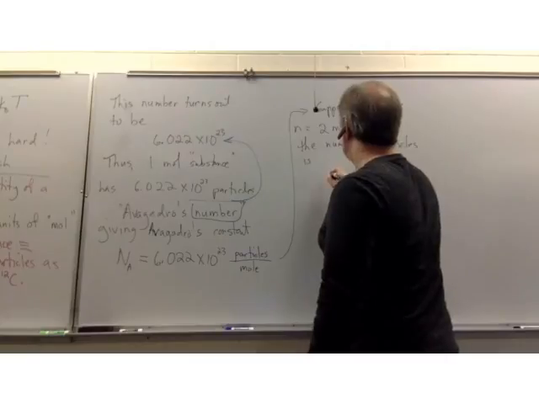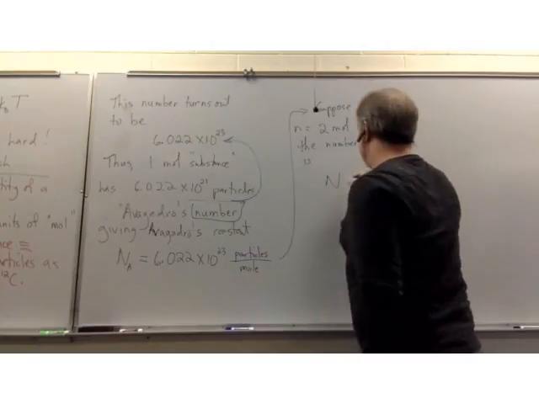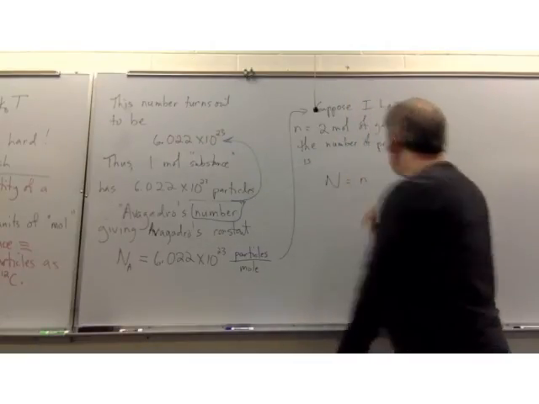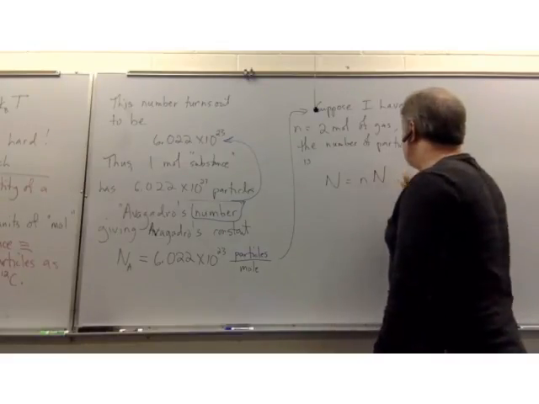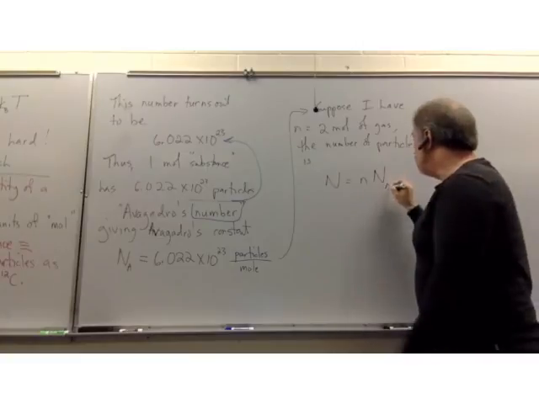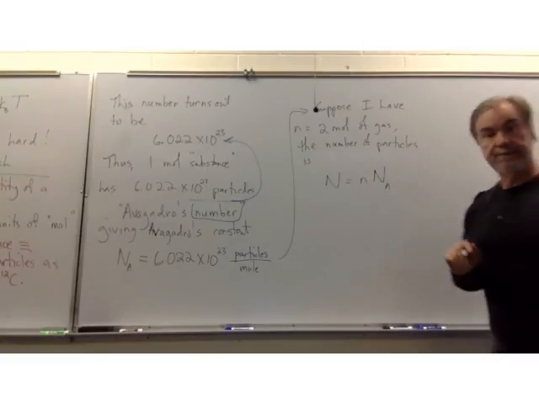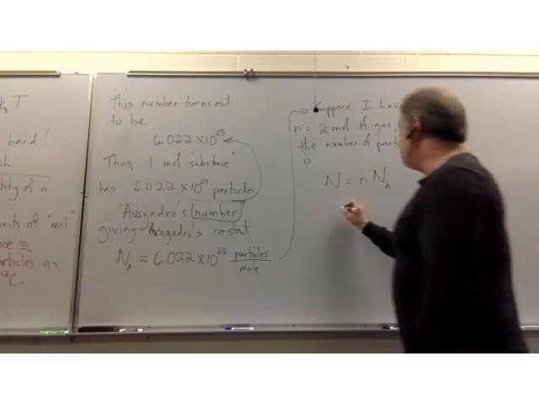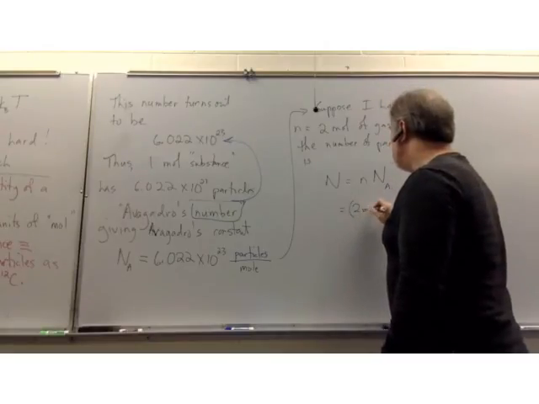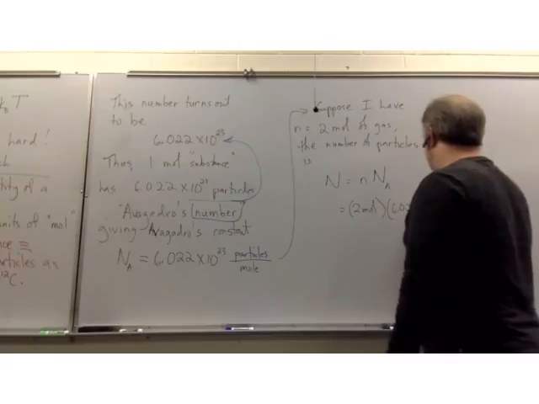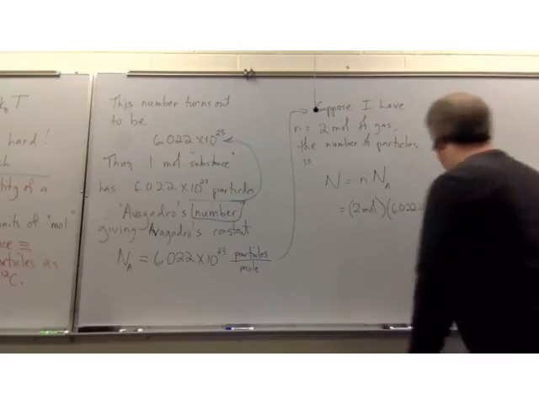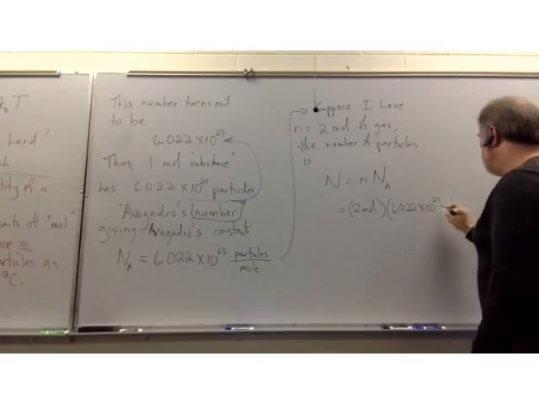So the number of particles we have, that's N that I was using over there, is the number of moles of particles we have multiplied by the number of particles per mole, which is what Avogadro's constant is. Okay? And so this is 2 moles times 6.022 times 10 to the 23rd particles per mole.